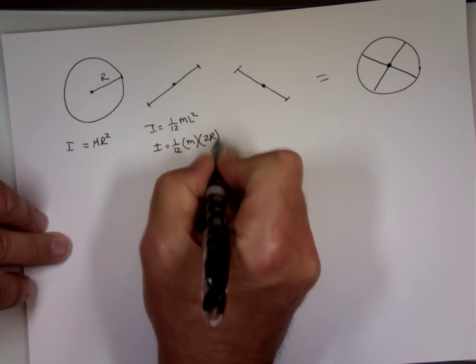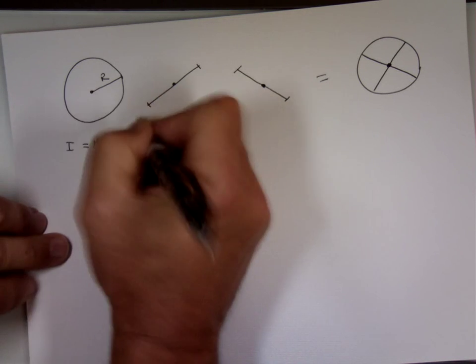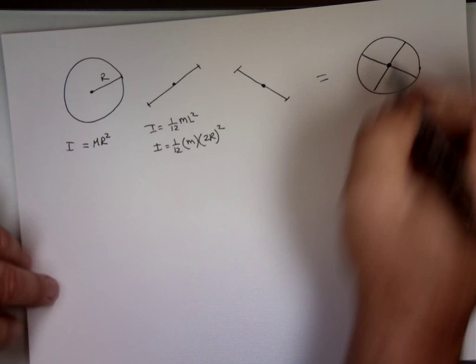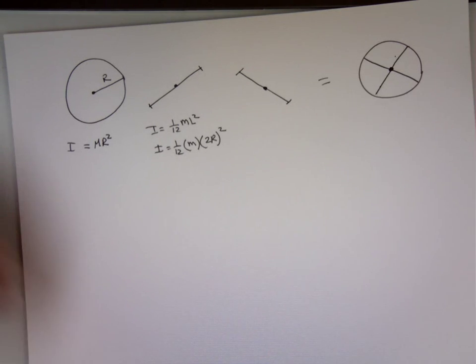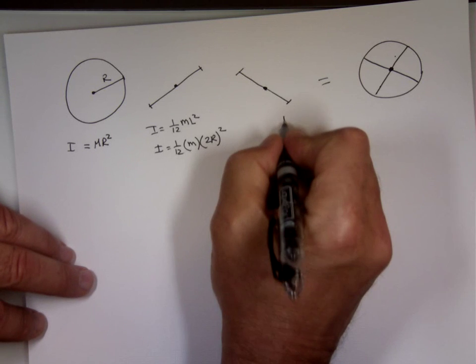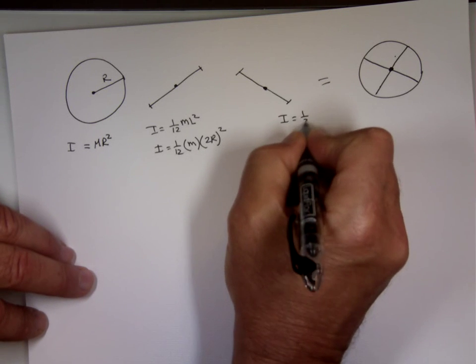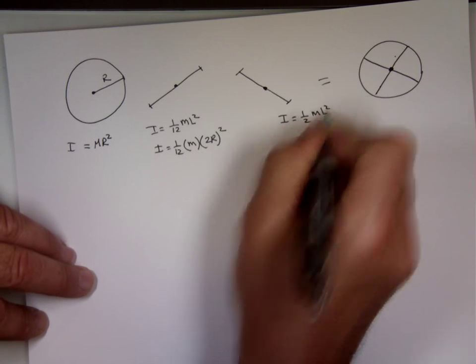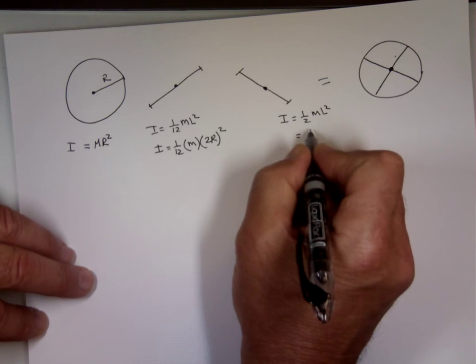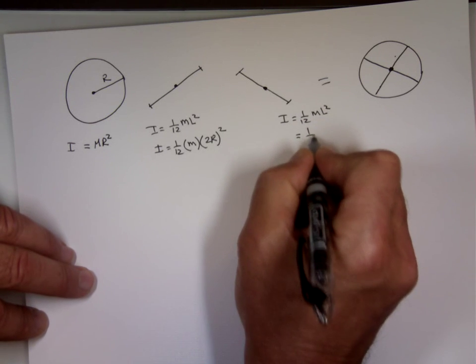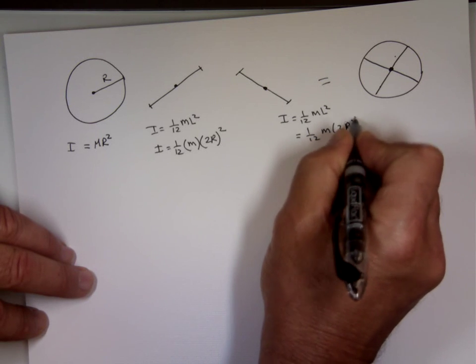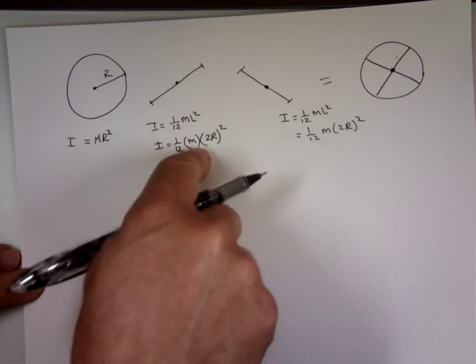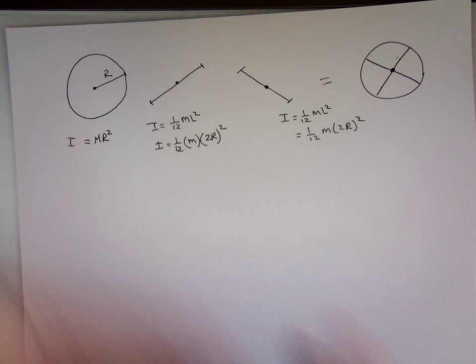Whatever r is, that's twice that, because that piece goes from here to here. If that's r, this is r. The length of that is 2r. And the inertia for this is m l squared again, which is 1/12, not 1/2. 1/12 m times 2r, and you square it, and you find this number, and that number, and you add them, and that's the inertia for your pulley.